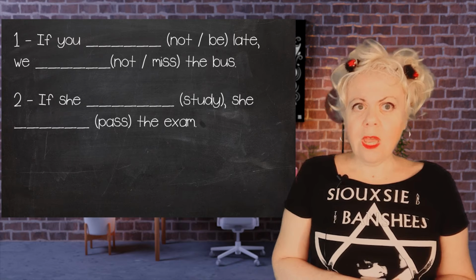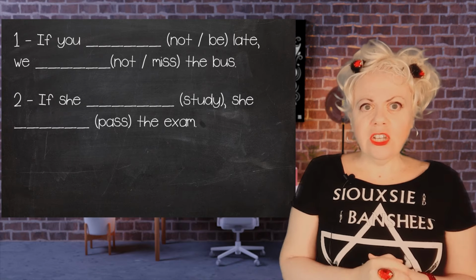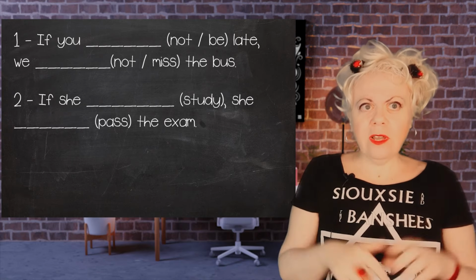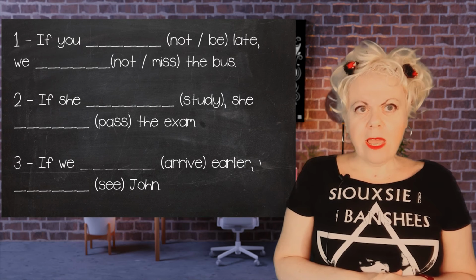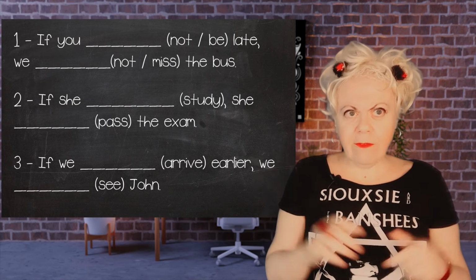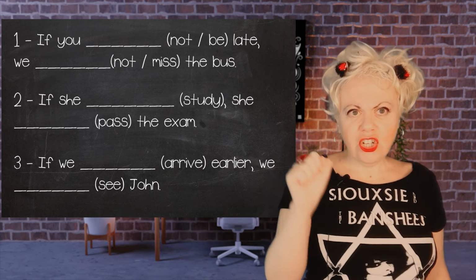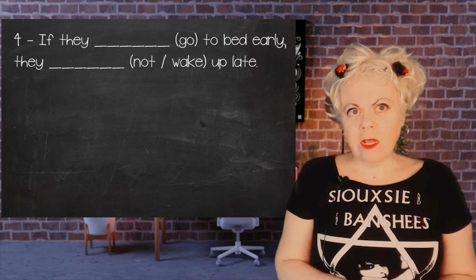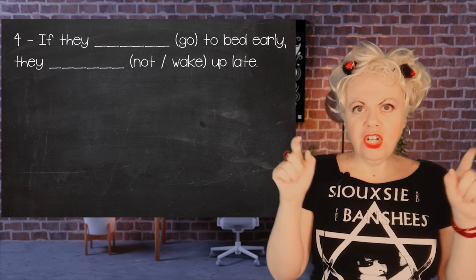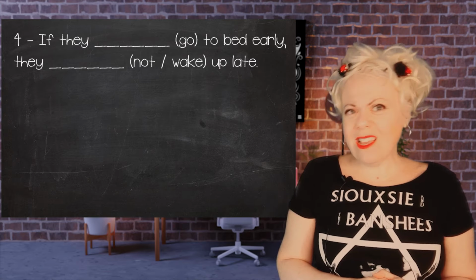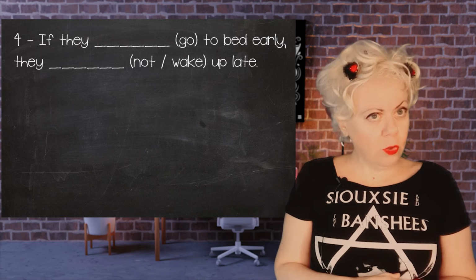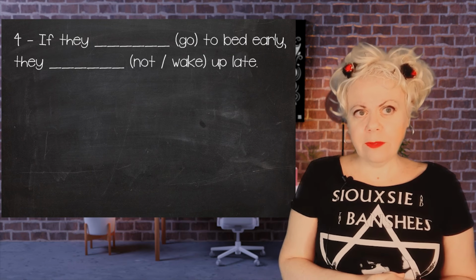Number 2, if she study, she pass the exam. Number 3, if we blank arrive earlier, we blank see John. Number 4, if they blank go to bed early, they blank not wake up late.